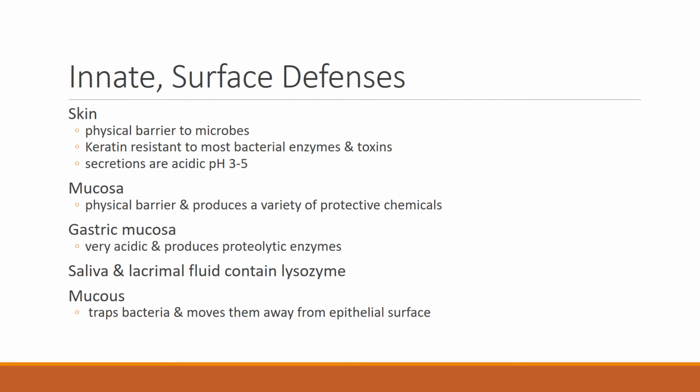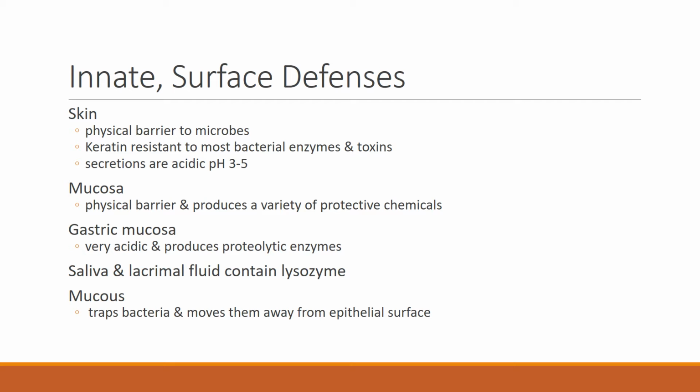When we look at the first line of defense for the innate immune system, let's begin with the skin, which is a physical barrier to penetration by pathogens. It also has many secretions, including lysozymes, which are enzymes responsible for degrading bacteria.